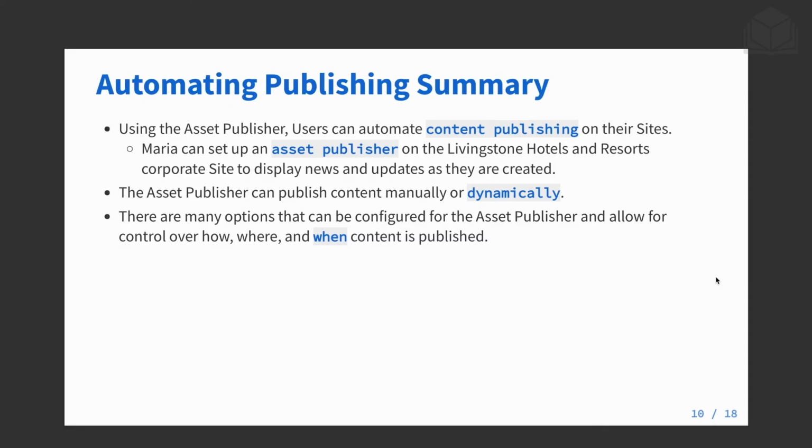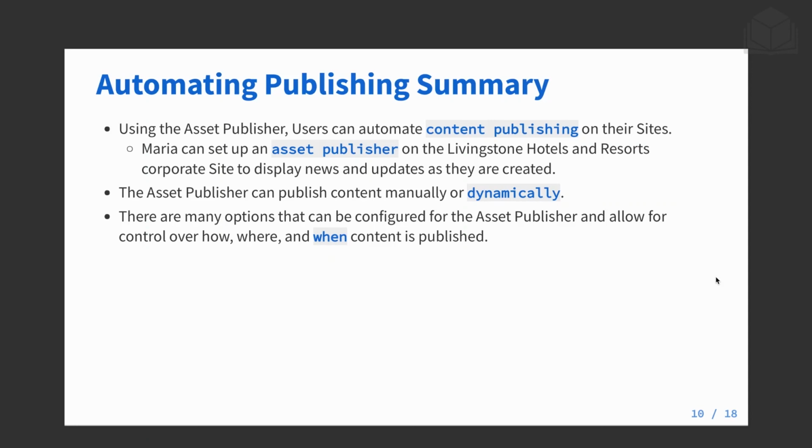So let's go ahead and recap what we just talked about with the asset publisher. Okay. With the asset publisher, we can automate the content publishing process. Again, from start to finish, this could be creating content, having it reviewed, making sure it's edited, and then once that's all done, instead of having to manually place it on a page, we can just simply have it automatically published. Okay. So that's the benefit of this.